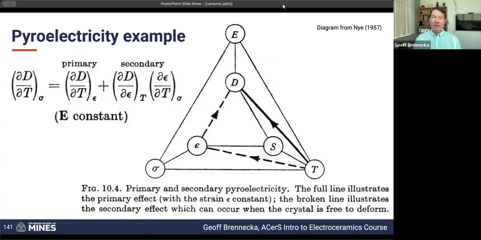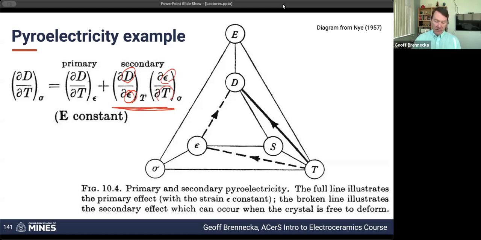How often do you have a scenario where it's possible to maintain completely zero strain as you're changing temperature? That's difficult to do. Thermal expansion is always present. And so you're also going to get a secondary contribution, which is the change in displacement or polarization with strain, as well as the change in strain with temperature.